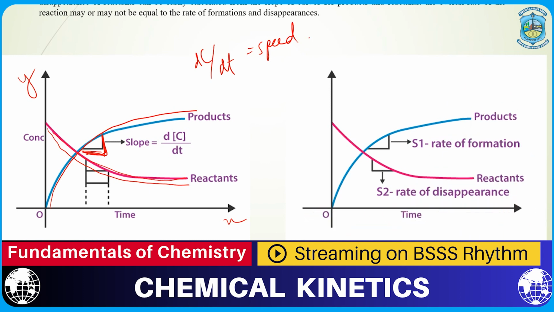Secondly, if I have to calculate the rate of disappearance of any of my reactants, in the second graph also, on the y-axis I have taken the concentration, whereas on the x-axis I have taken the time, which means that how fast or how slow the reaction is proceeding, it is reducing the concentration of various reactants with respect to time taken. So if I have to calculate the rate of disappearance of reactant, I will calculate it by the curve of this particular reactant. The slope of this curve will give me the rate of the particular reaction.